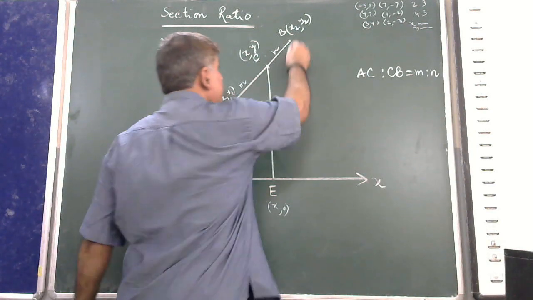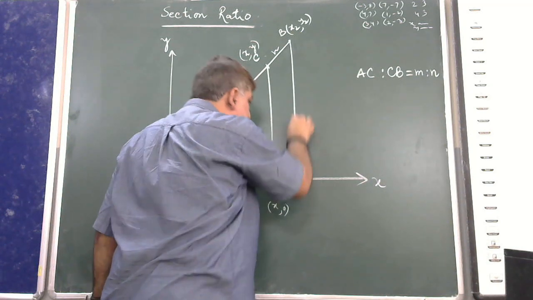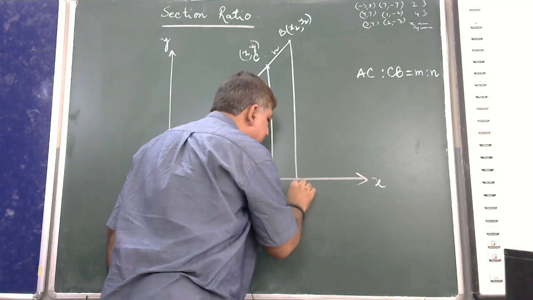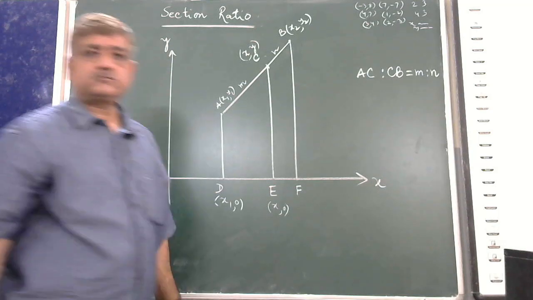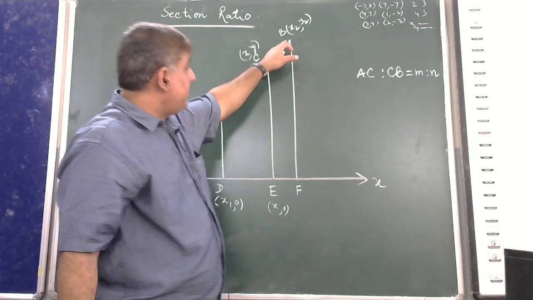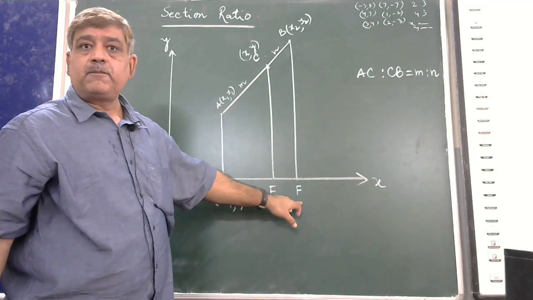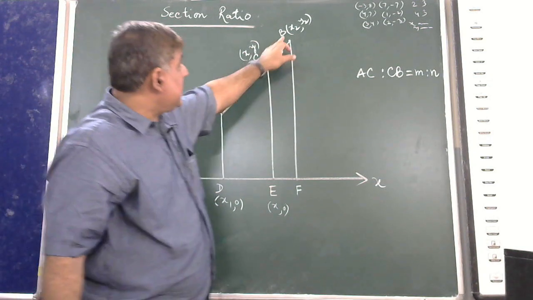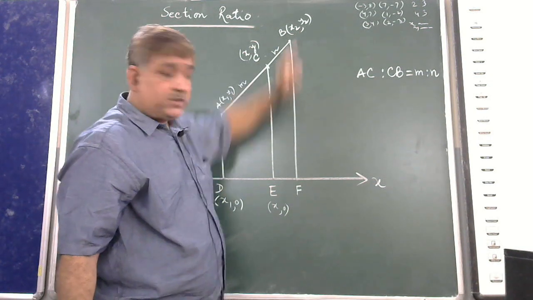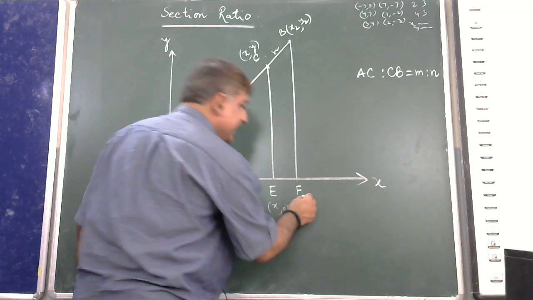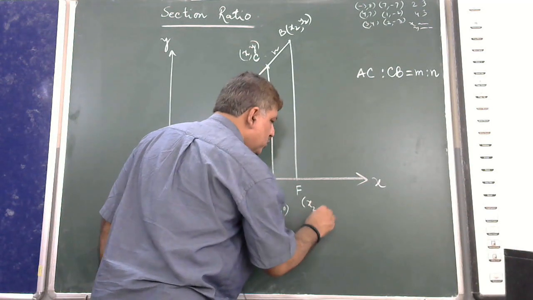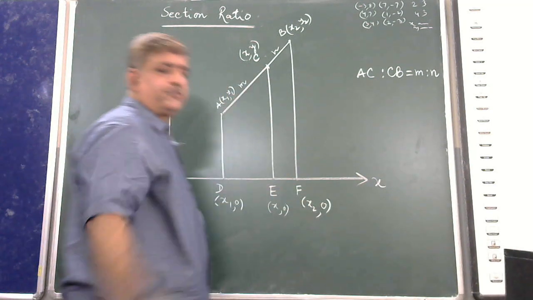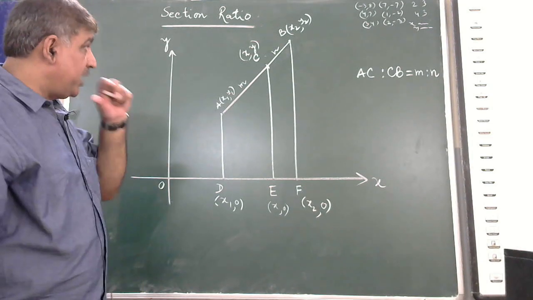Similarly, if you draw a perpendicular BF from point B on the x-axis, the abscissa of point B is x2. Now the coordinates of this point F will be x2, 0.